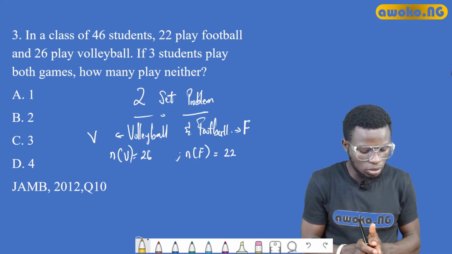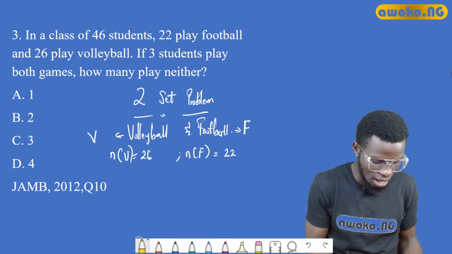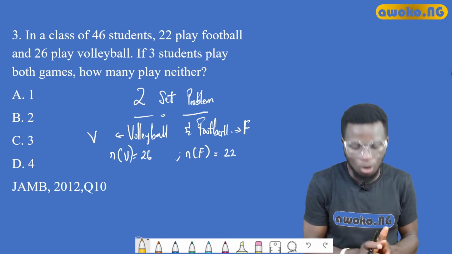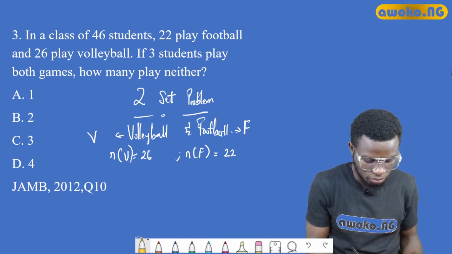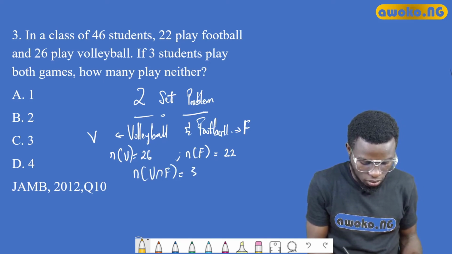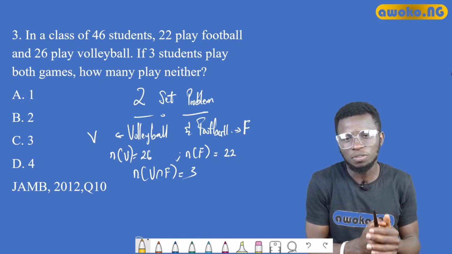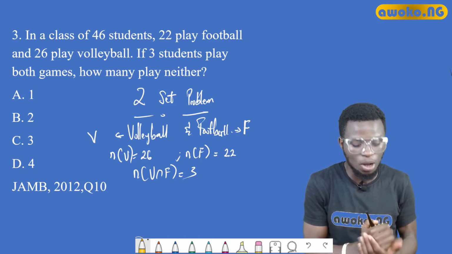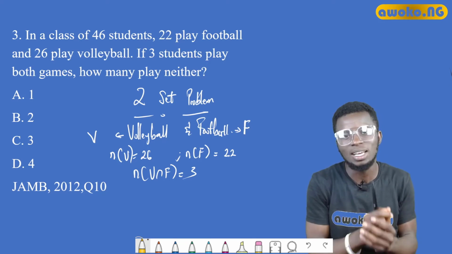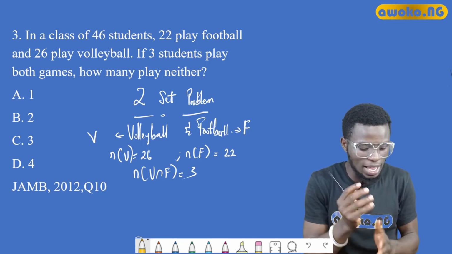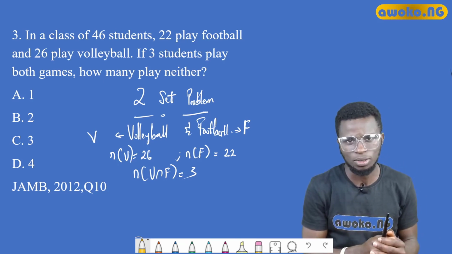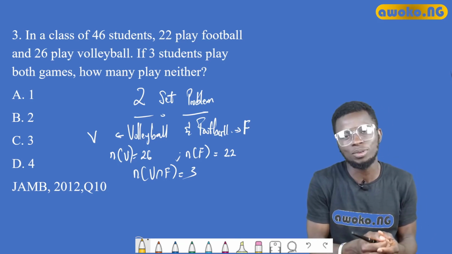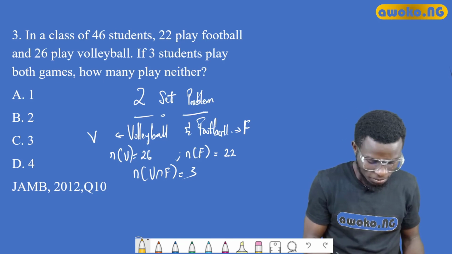The number of students that play both games is the intersection of volleyball and football, so n(V intersection F) is 3. We are now asked to find the number of students that play neither, that is, students that do not play volleyball or football. They might play other games, such as Scrabble and the rest.